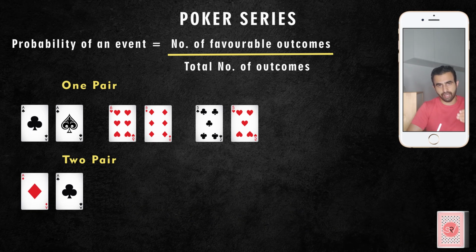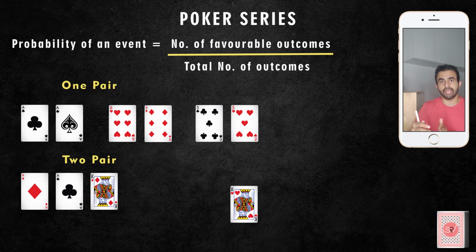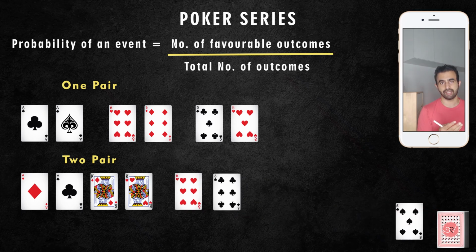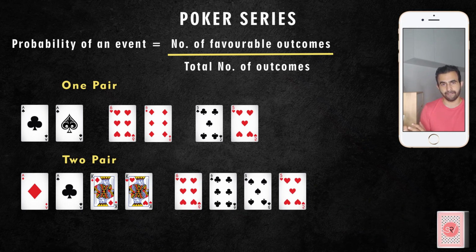So you can have an ace and an ace, a king and a king, or you can have a six and a six, five and a five. So these form two pairs. So you essentially have two separate pairs, not just one, right? It's an implication that comes from the word itself. You have two pairs, right? So two into two, that's four. An example hand would be ace, ace, king, king, and a random card, right?